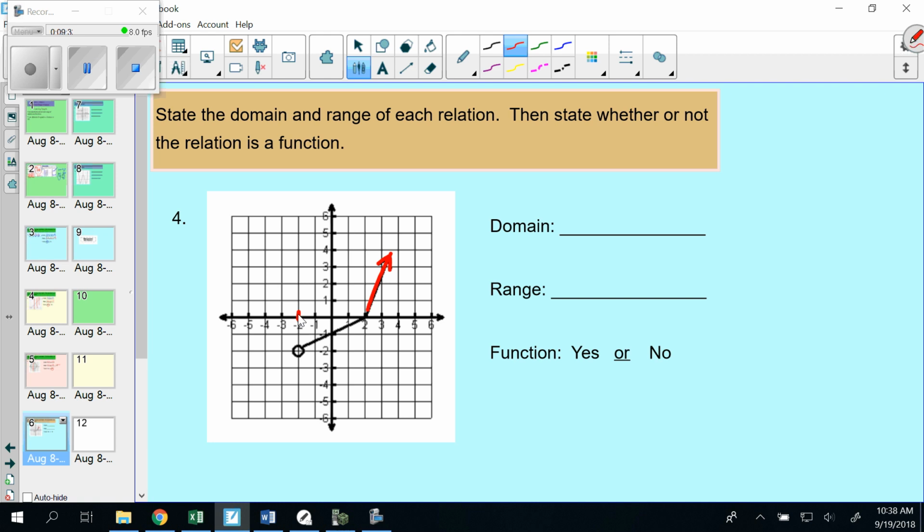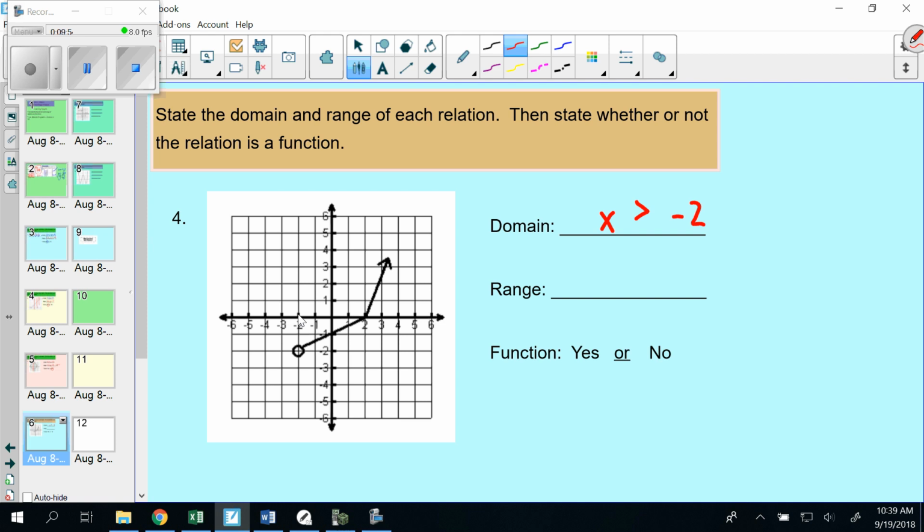We can just write it with a single inequality. So here we would say our x values are all going to be bigger than -2. We don't want to include -2 because we see we got an open circle there. So we would say the domain is all the points bigger than -2.